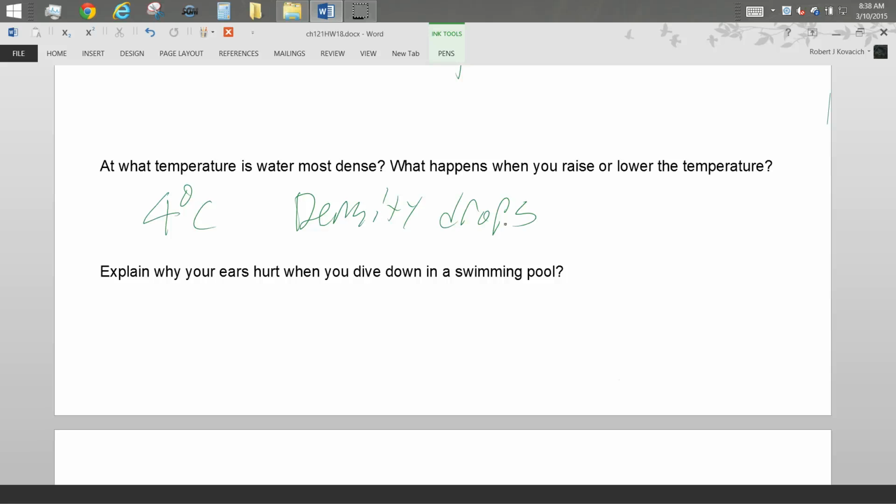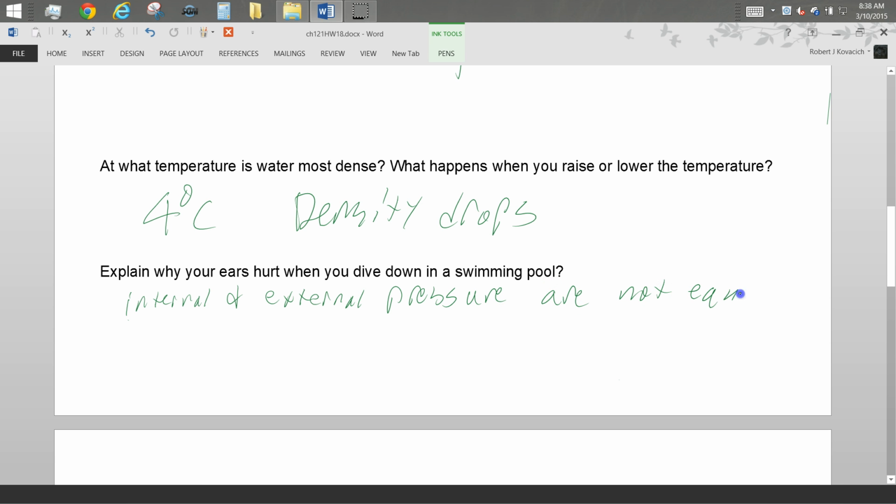So the pressure that's inside is, I don't know, greater or less than what's actually in the pool. So your eardrum gets pushed in because the external pressure is greater than the internal pressure. And since the eardrum is a sensitive membrane, it causes pain.